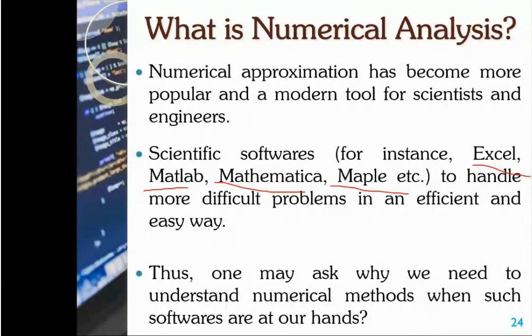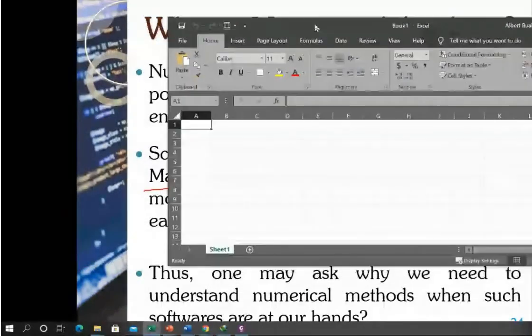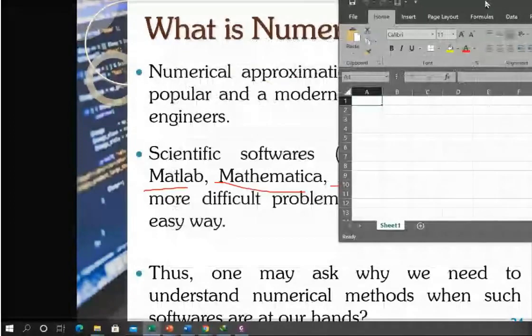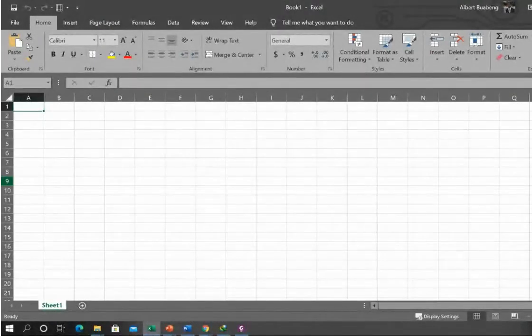So let me just launch my Excel. So Excel has been launched.